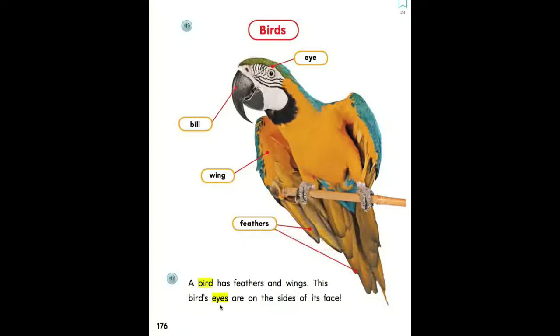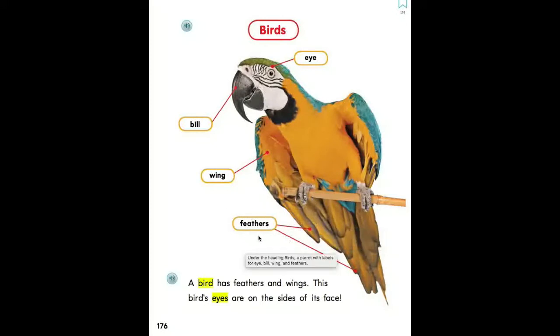This bird's eyes are on the sides of its face. What makes a bird special? Well, many groups have eyes. A bill is special. A wing is very special. Feathers are very special. I didn't see another animal group with feathers.